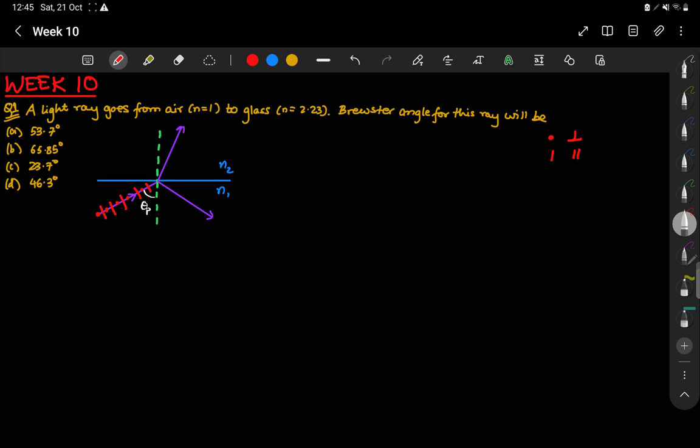And if it is at this particular angle, then your reflected ray is completely polarized, and the polarization of the reflected ray is perpendicular to the plane of incidence. So perpendicular means it is coming out of the plane of this screen, and the refracted ray is partially polarized.